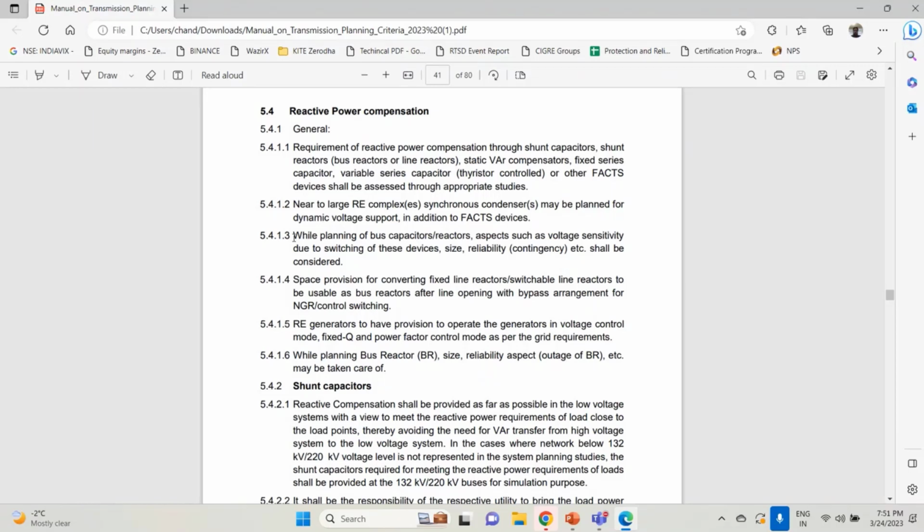Sir, it is basically a generator, but it doesn't have any turbine side to it. In a generator, there is a turbine which rotates the rotor, right?